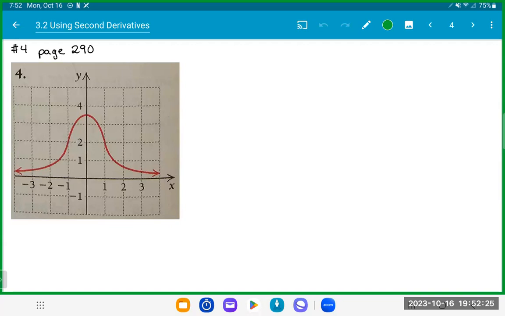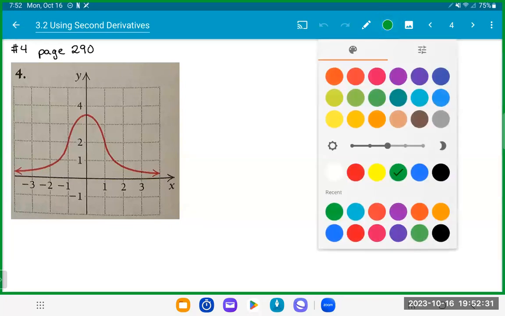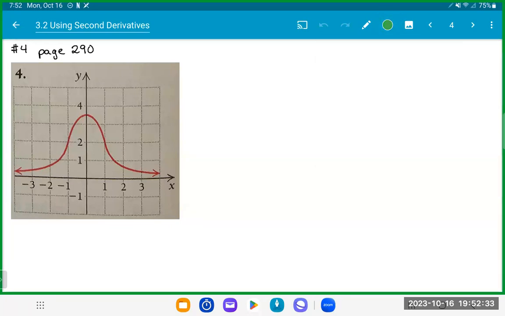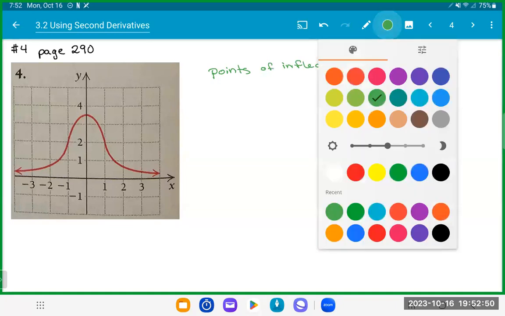Okay. So first, let's just sketch out over here. We want to know points of inflection. Okay. And so that's, remember, where we're shifting from one type to the next.